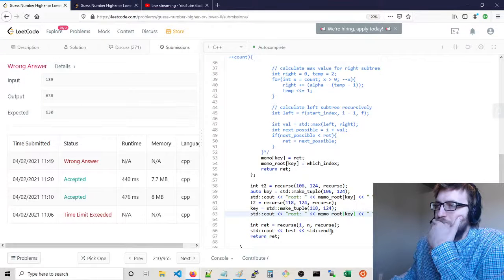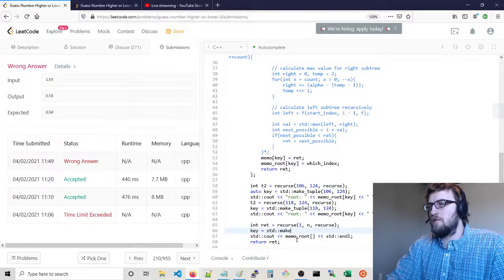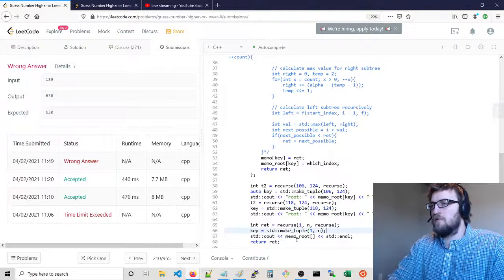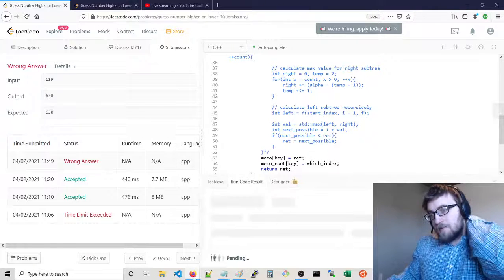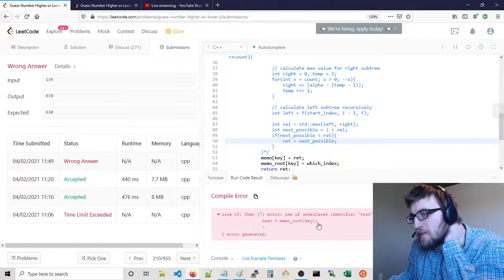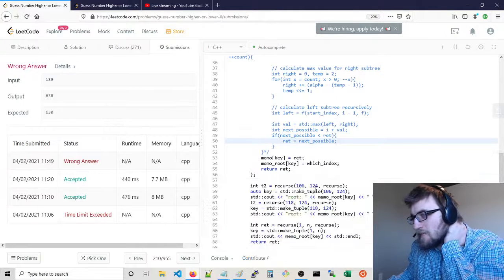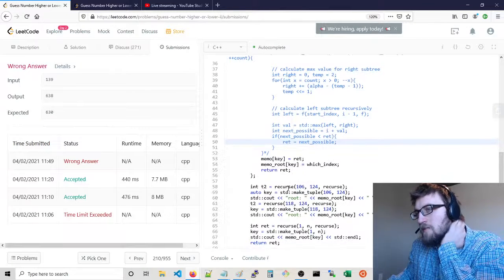Okay. See how this goes. Compiler, nice. Where is that happening?